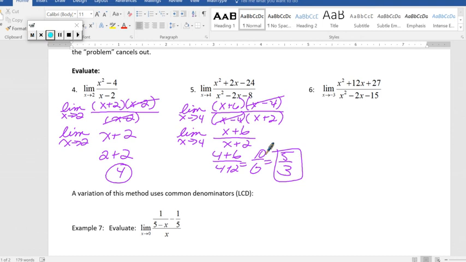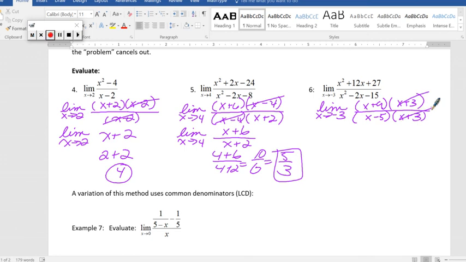One more problem here. Again, if I were to substitute this in, we would drive that denominator to 0, so I'm going to try factoring. We're looking at the limit as x approaches -3. We keep our limit notation while we're canceling things out and factoring. Over here we factor into x plus 9, x plus 3, over x minus 5, x plus 3.